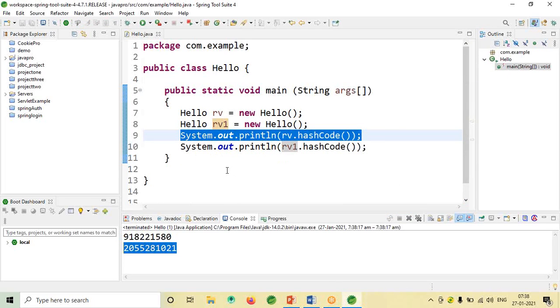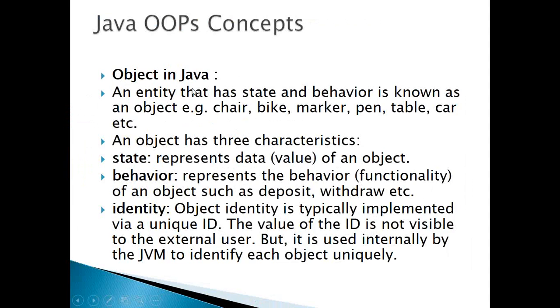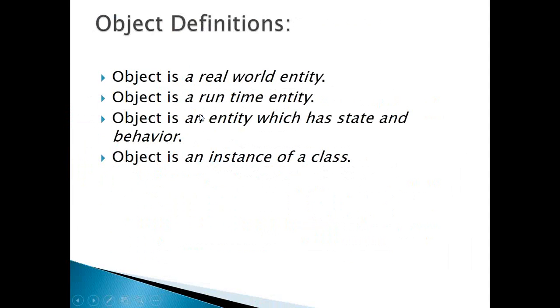So whenever you create an object, each time IDs will get generated. That is basically an object.